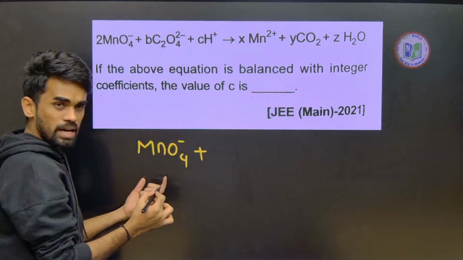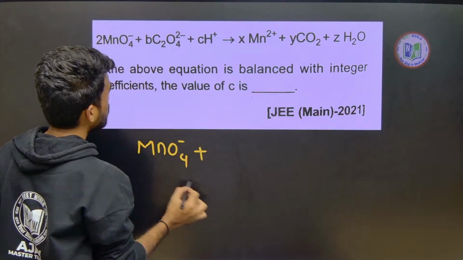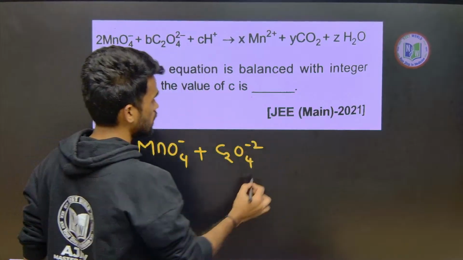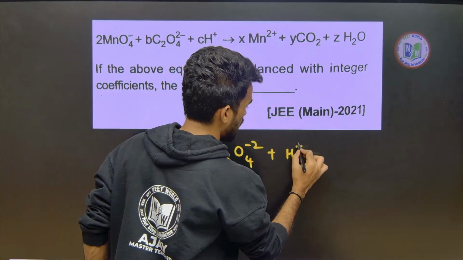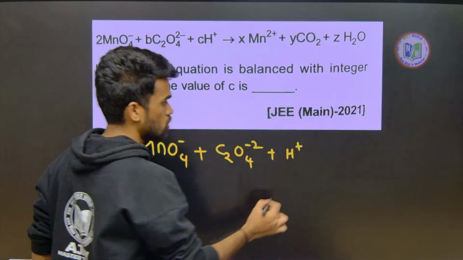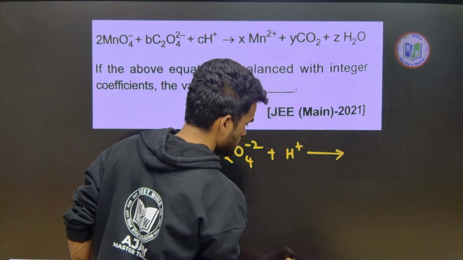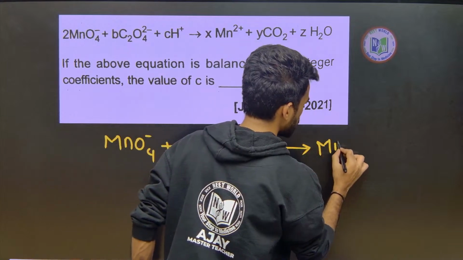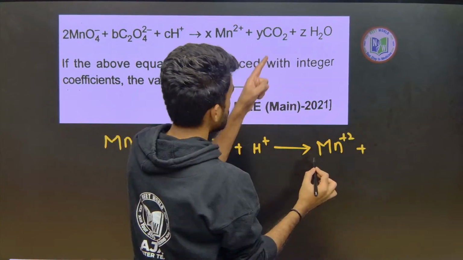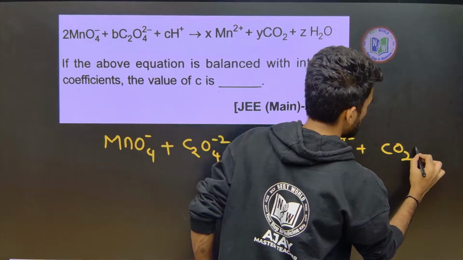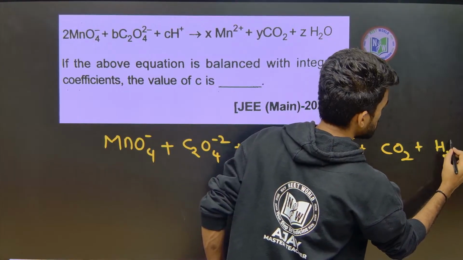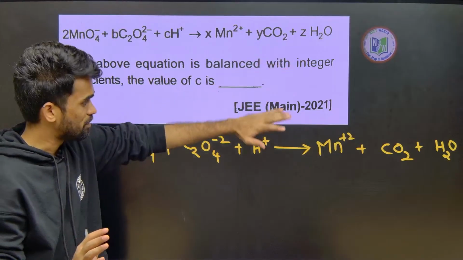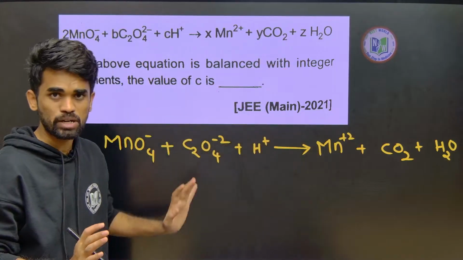Permanganate ion, MnO4 minus, and the next, C2O4 2 minus, the oxalate ion. They are doing this reaction in acidic medium, so H plus, which gives rise to Mn2 plus, plus CO2, plus H2O. So these are the things given.